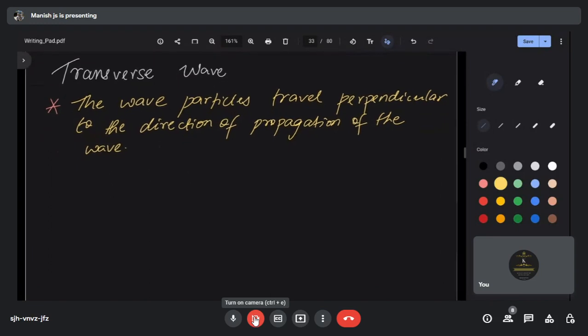So they are traveling perpendicular. So that is one point.